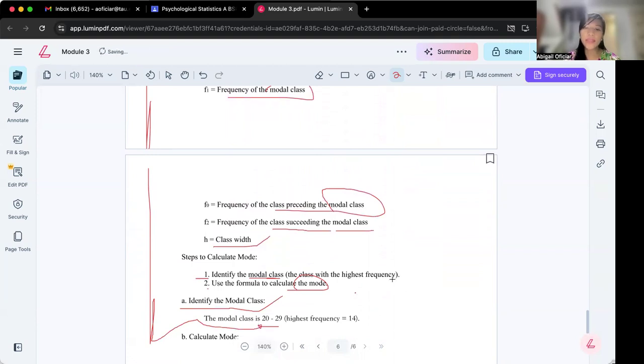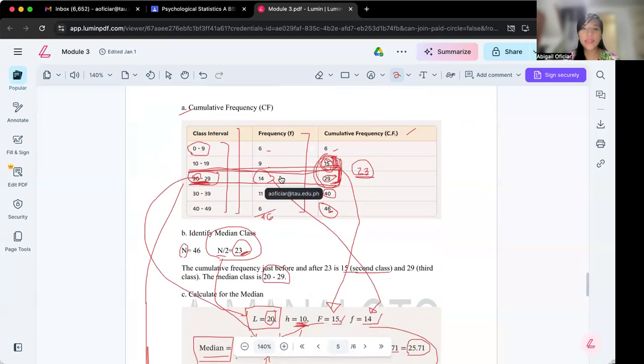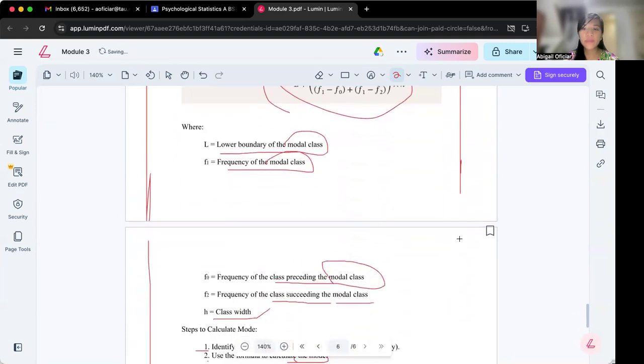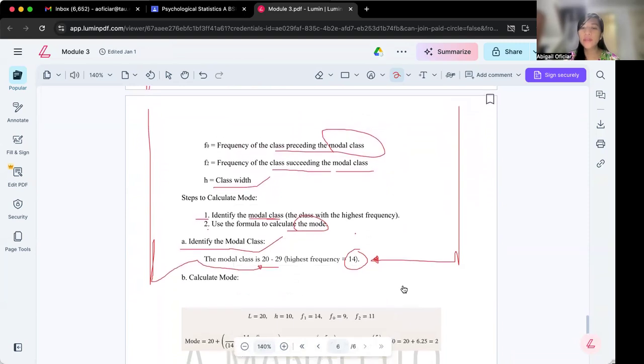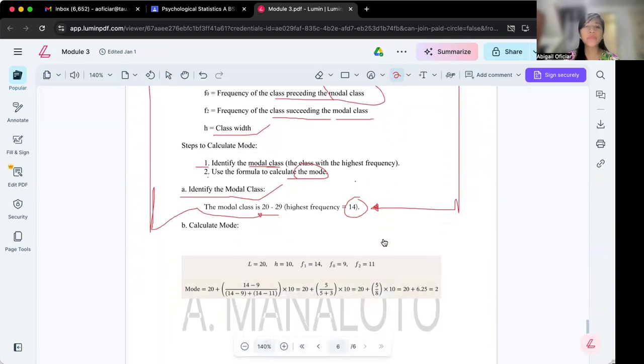No. And the highest frequency is 14. This one. Okay. So very obvious naman na 14 yung highest score. Yan. So that's 14. No? So alam niyo na ngayon yung modal class and the frequency or highest frequency is 14.